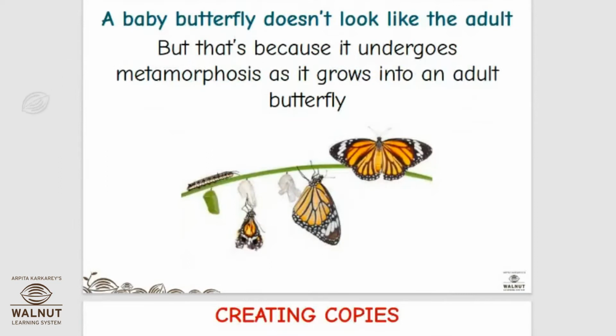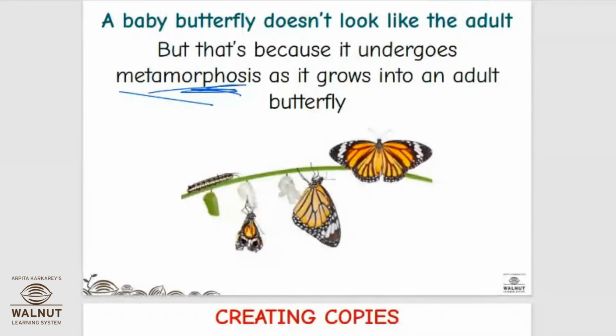It is similar in the case of butterflies also. But butterflies go through a phase called metamorphosis, the different stages in their life cycle. First it hatches from an egg as a caterpillar, it feeds on leaves, then it covers itself inside a cocoon, the changes in the body take place, and finally a butterfly comes out.